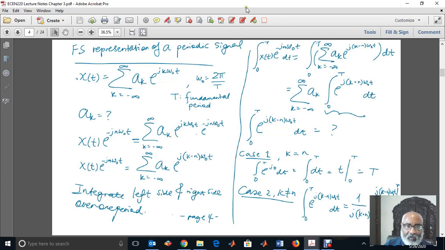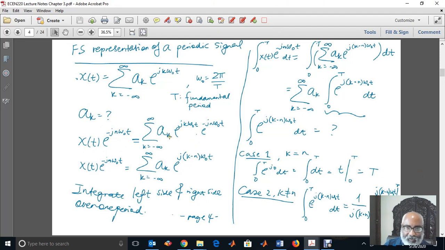Now, without loss of generality, we can multiply the left side and the right side by the same number. For example, we multiply the left and the right by e to the power of minus j n omega naught t, where n is an integer.